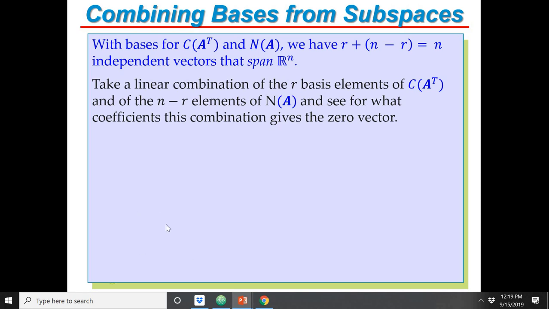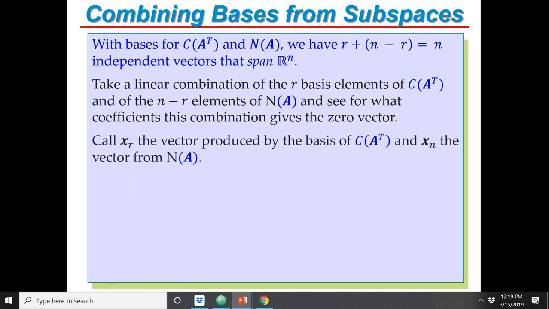So let's do the following, right? Let's take a linear combination of the basis elements of the row space together with a linear combination of the basis elements of the null space. So I'm going to take a linear combination of n vectors. Some of these vectors come from the null space, and the rest are coming from the row space, and they're basis vectors of the corresponding spaces.